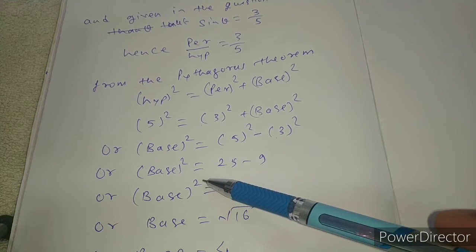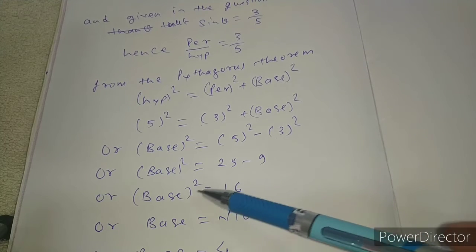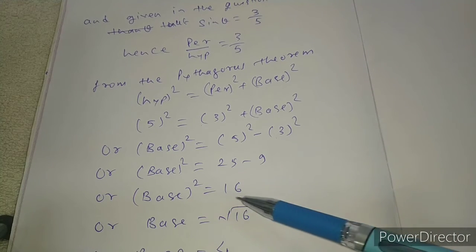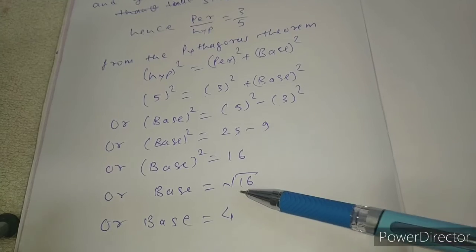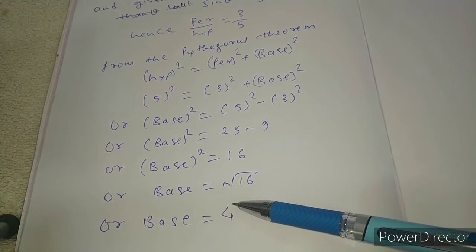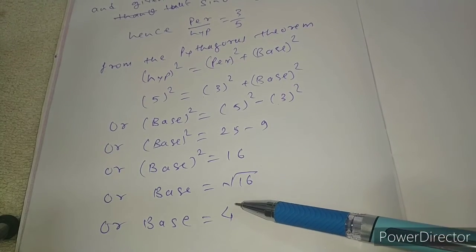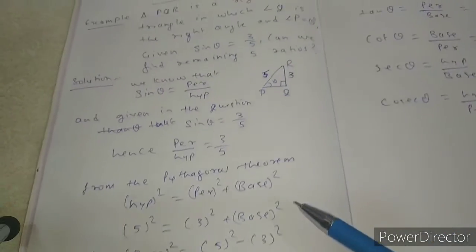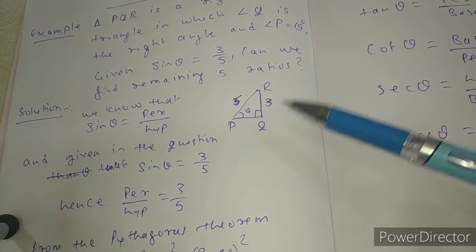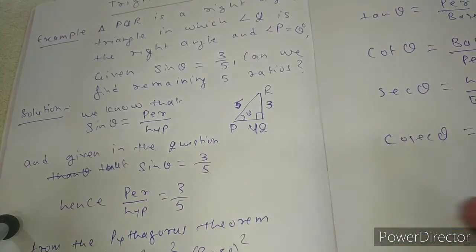If we want to remove this square, we take the square root on both sides. So base is equal to 4. Now we have perpendicular, hypotenuse and base. As we found, base is 4.